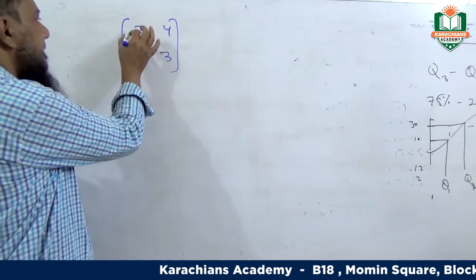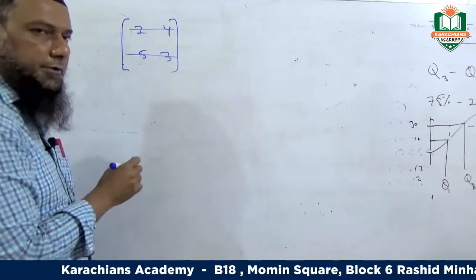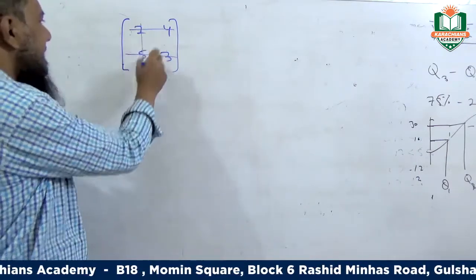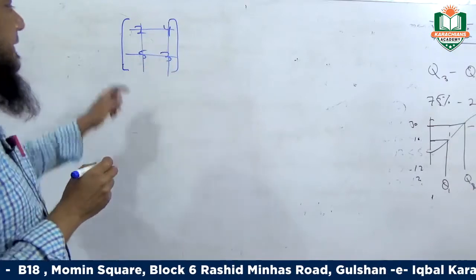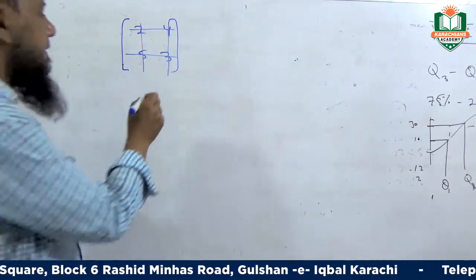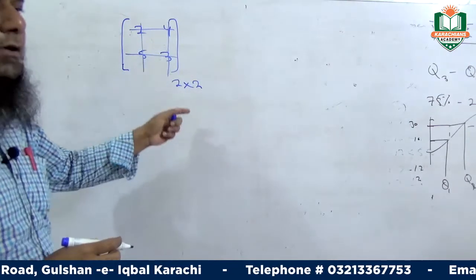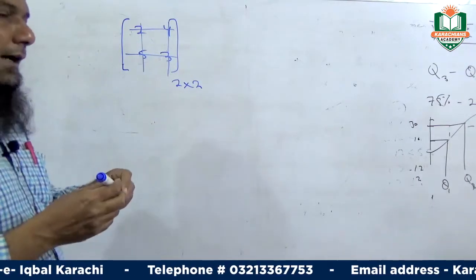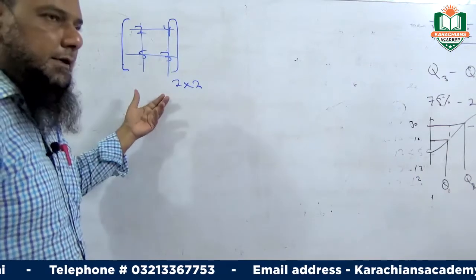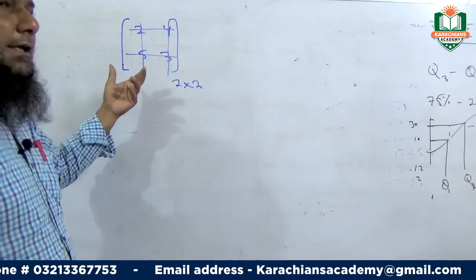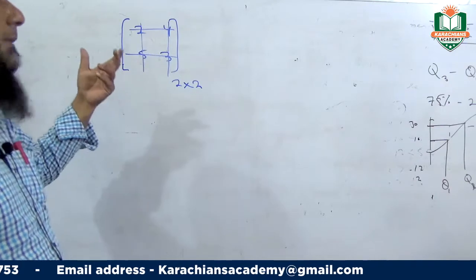Here we have 2 rows and 2 columns. So the order of this matrix is 2 by 2, meaning 2 rows and 2 columns. Again, an arrangement of numbers in a rectangular array is called a matrix.